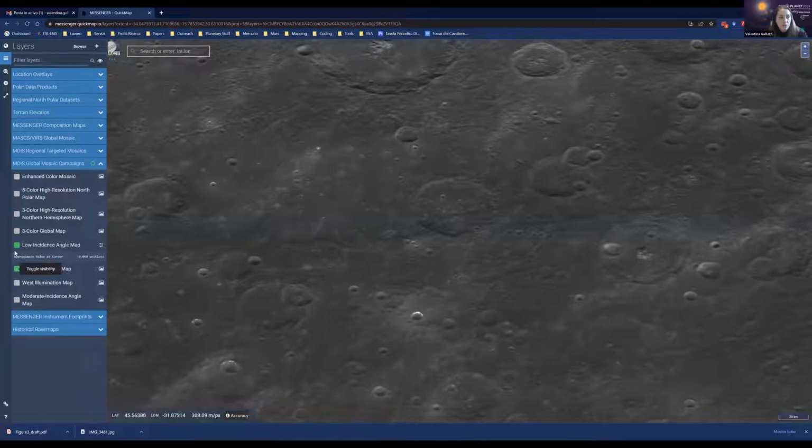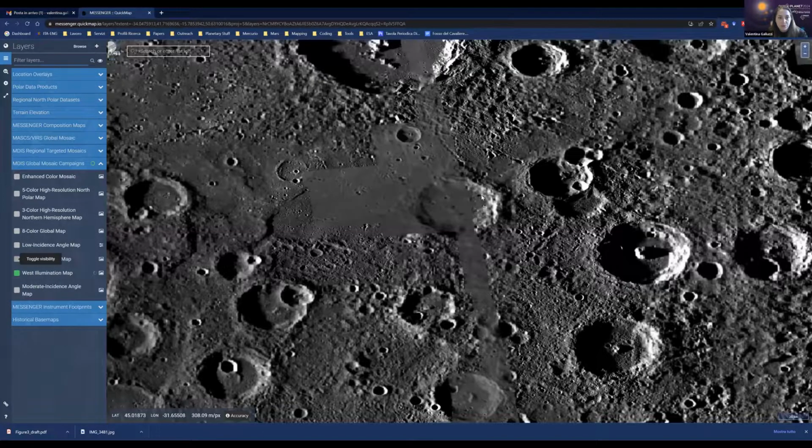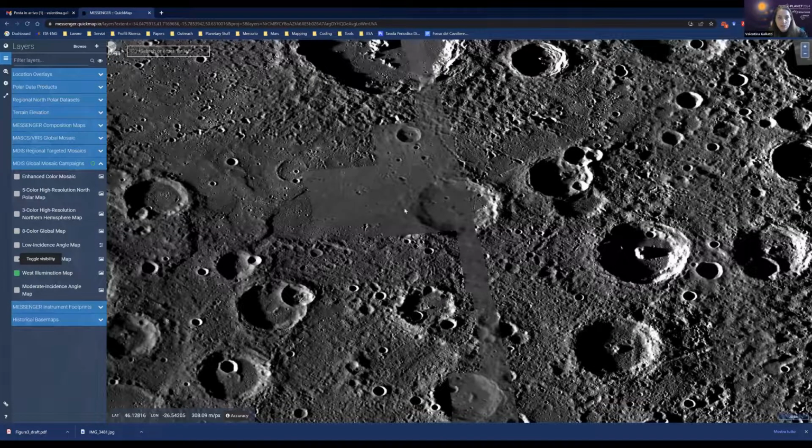So if, for example, we take the east illumination base map, we can see here that the east-west structure has totally disappeared. And also in the west illumination base map, the east-west structure here totally disappeared.